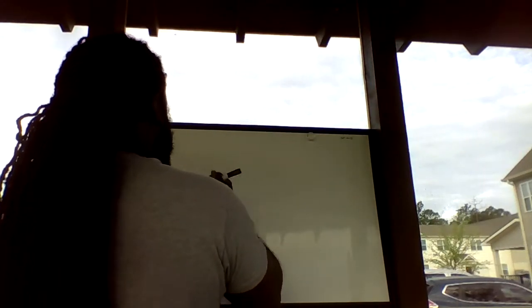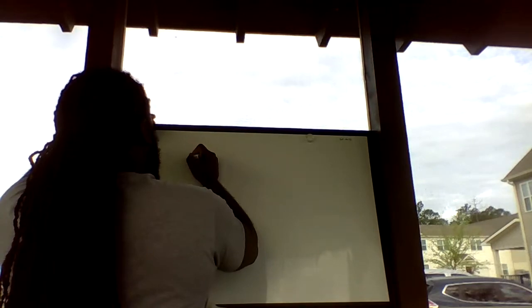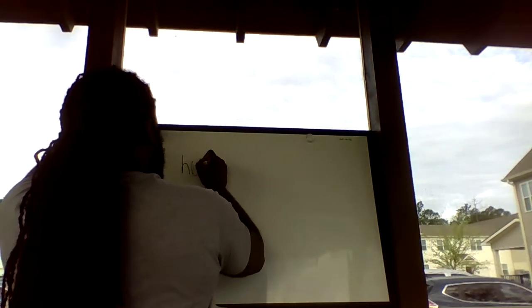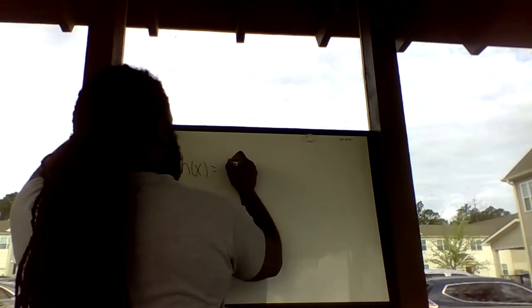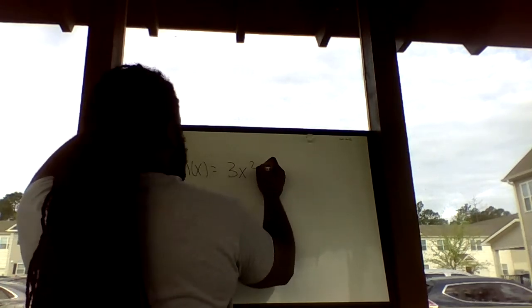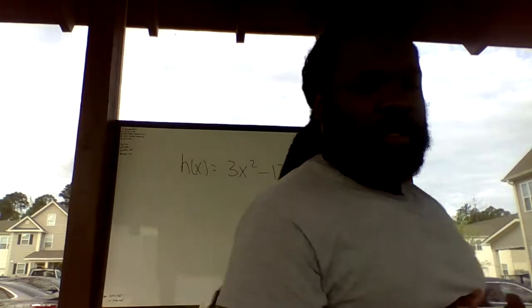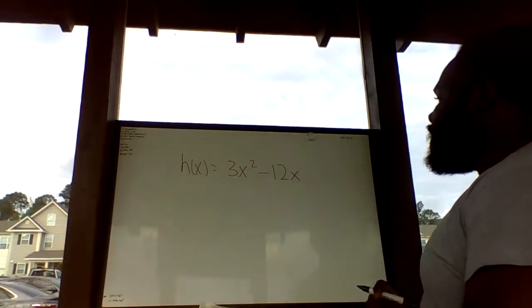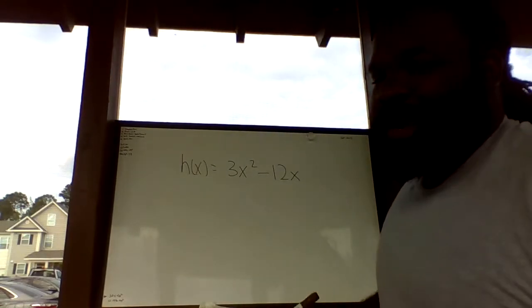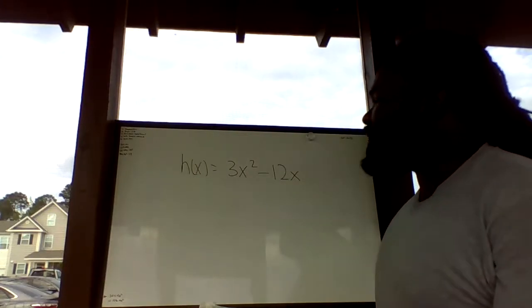All right, so our first example that we'll work on, h of x would be 3x squared minus 12x. Now notice we don't have a c right here. That's okay. We're going to work on something that has constants later.